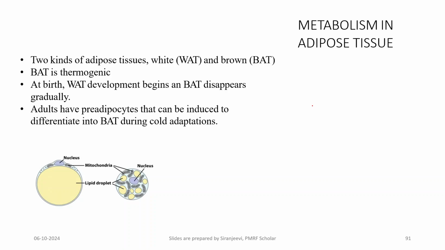And there are two kinds of adipose tissue found in the body. One is the white adipose tissue as well as the brown adipose tissue. This brown adipose tissue is thermogenic. It has a protein called thermogenin. So usually any NADH or FADH2 molecule will synthesize ATP molecules in the body as an energy currency.